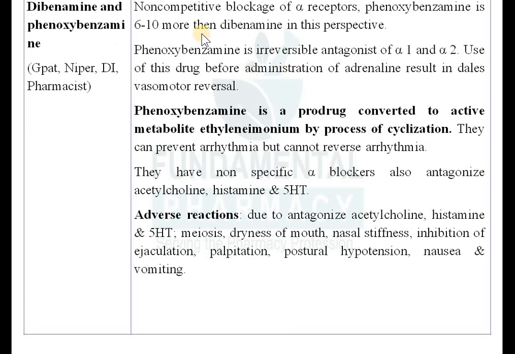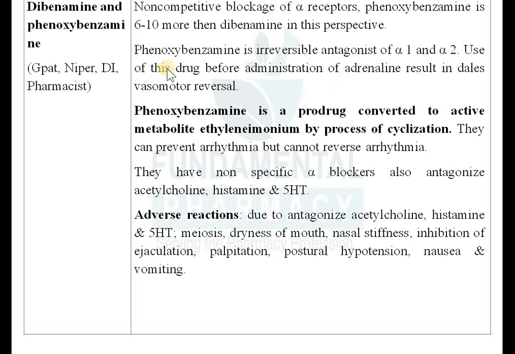So dibenamine and phenoxybenzamine. They are not much used clinically, but you have to see whatever is an important point. They will block the alpha adrenergic receptor non-competitively. Phenoxybenzamine is more potent than dibenamine.